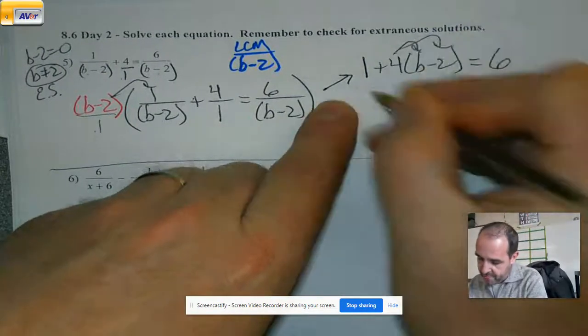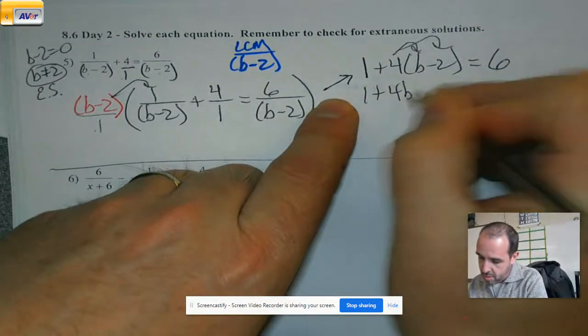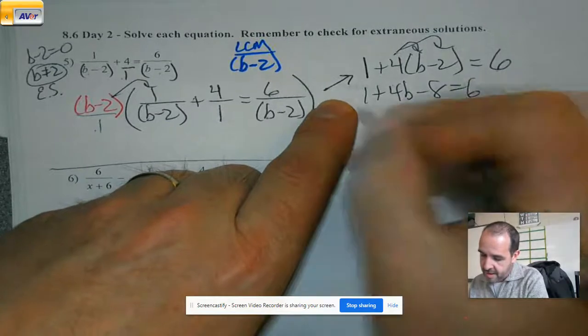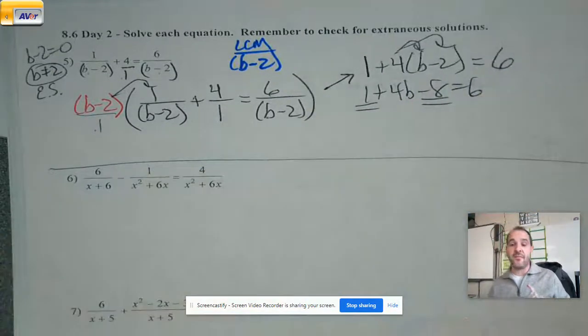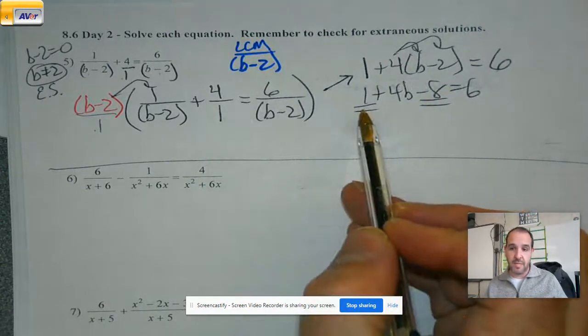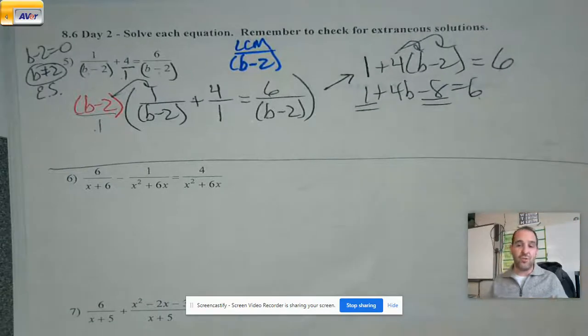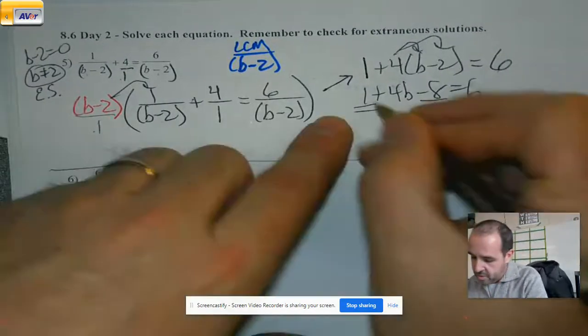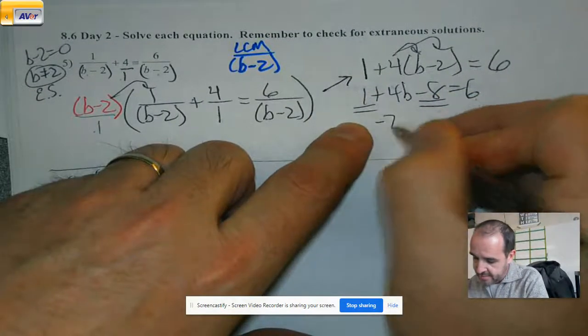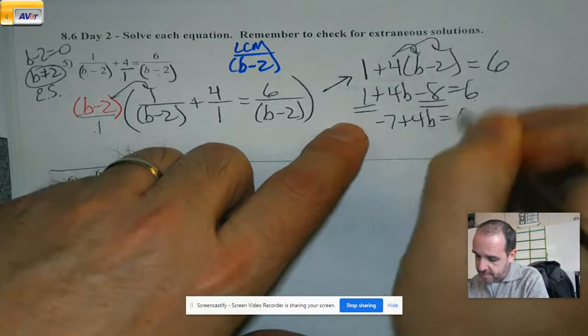So distribute my 4. I have like terms on the left side. Now, why is that important? When they're on the same side, I'm not doing opposites. I'm not plussing 8 to both of these. Now, if you wanted to plus 8 to both sides and do it in pieces, you could. So 1 minus 8 is negative 7 plus 4b equals 6.